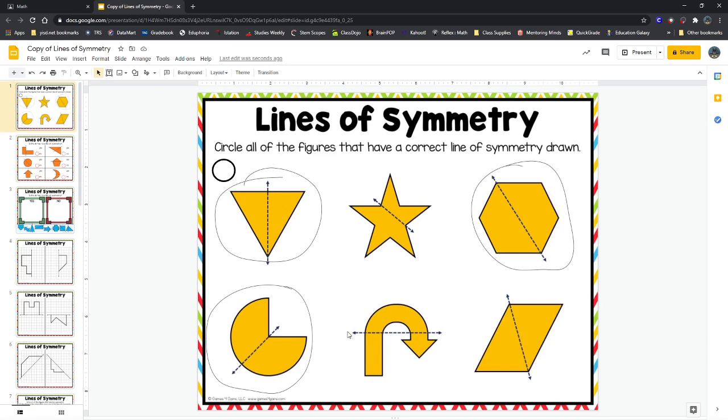Okay, what about this shape here, this arrow? What's wrong with the line of symmetry on that arrow? Jadine, what's wrong with the line of symmetry? You're right.